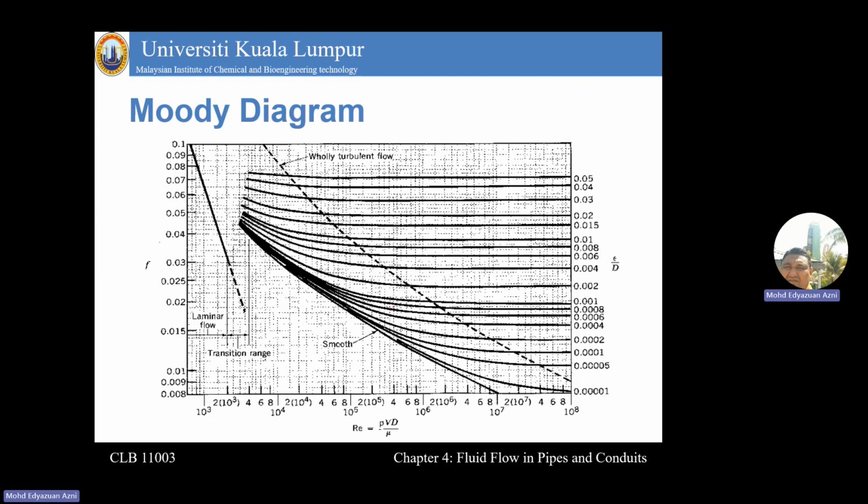First we look at the bottom, which is the value of your Reynolds number. For example, after we calculate our Reynolds number, we get about 20,000. Make one line over here.